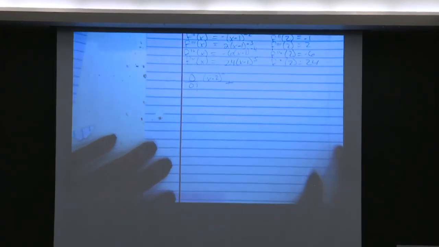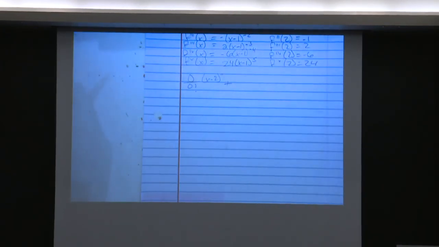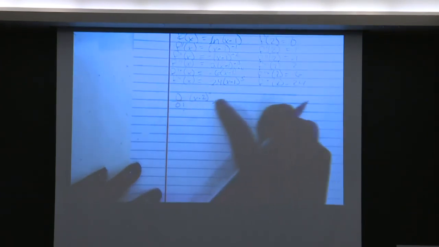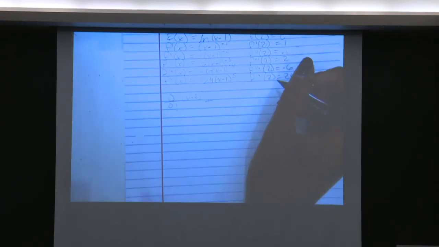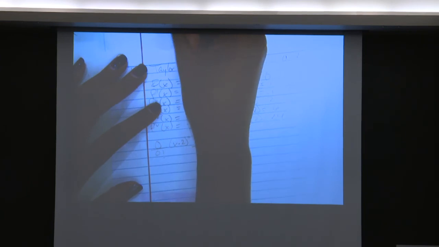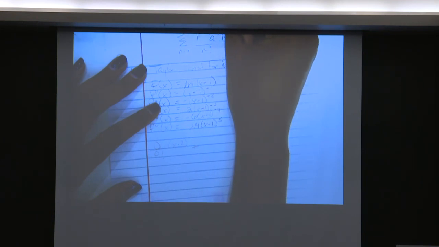Can you see? All right, and then I have, let me write the equation on the top, so I don't have to keep looking. f to the n of a over n factorial.